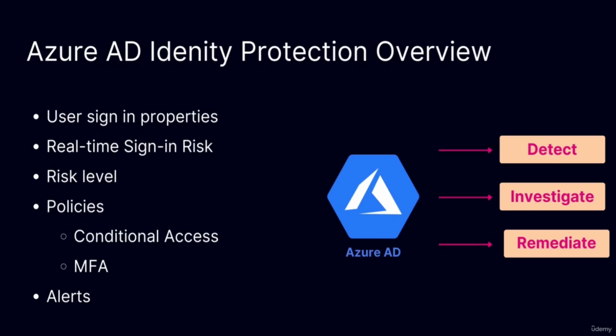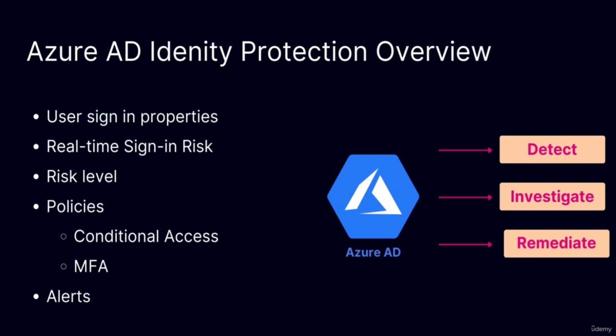So, these built in features include, but are not limited to, its ability to understand user sign in properties, meaning that Azure AD is intelligent enough to know where you are signing in from and what are the common sign in attributes. It can evaluate real time sign in risk and associate different risk levels.